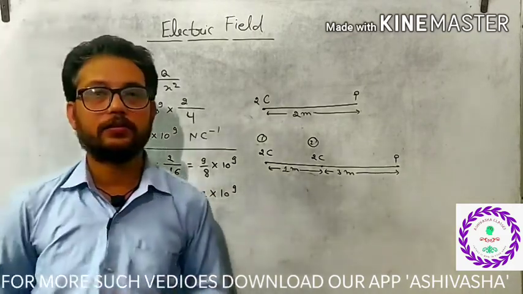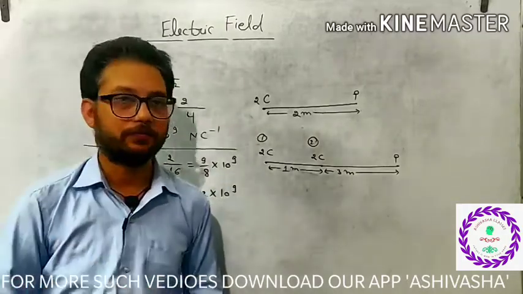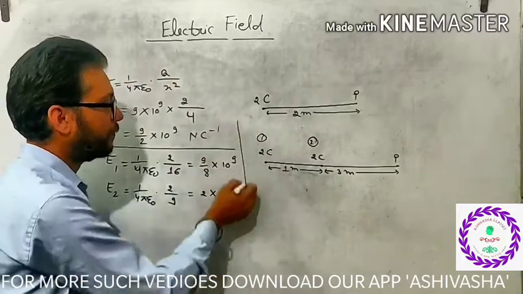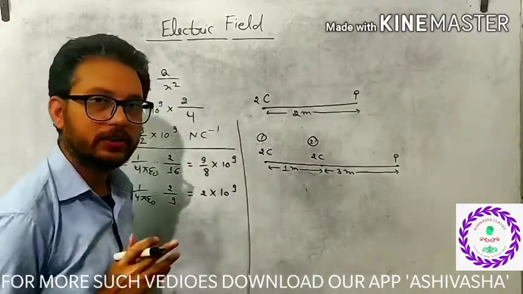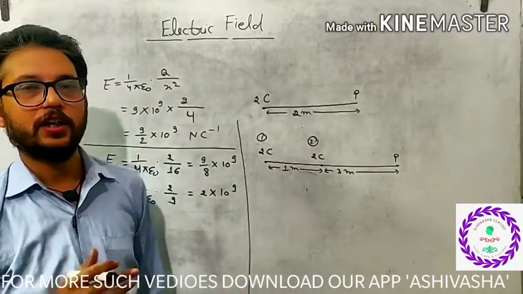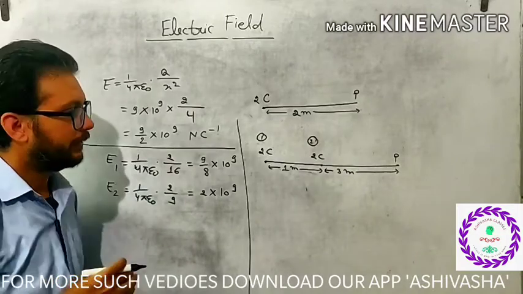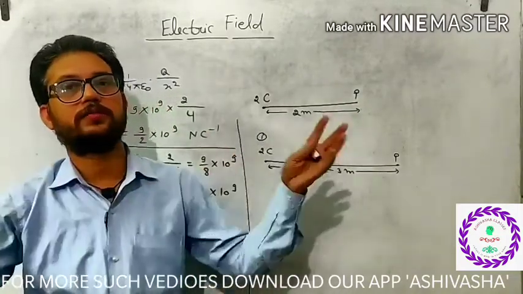After finding the individual electric field, we have to apply the vector sum. How will we find the vector sum? Let's consider this is a positive charge, and this is also a positive charge. Whenever there is a positive charge, the electric field is radially outward.